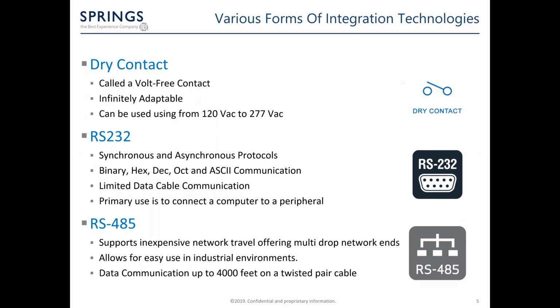Now we're going to cover RS-485 technology. You may hear around Springs Window Fashions about RS-485, specifically more in applications engineering. RS-485 supports inexpensive local area networks and multi-drop communication links using the same differential signal over twisted pair as the RS-422 standard.